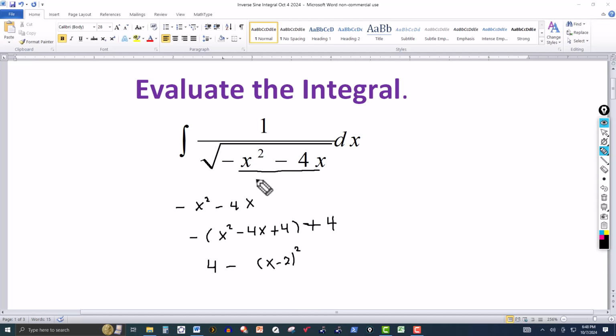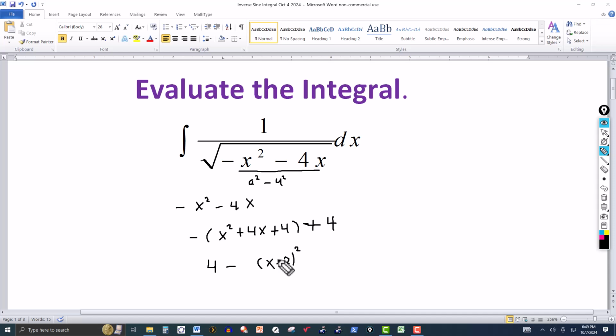So now this has the form of the formula we looked at, a squared minus u squared. And this is a plus here. So this would give me a minus x squared minus 4x, and then a minus 4 and a plus 4 gives me the same thing back.